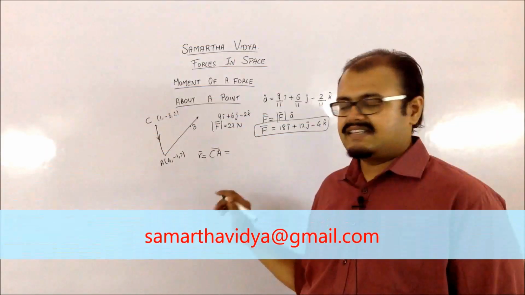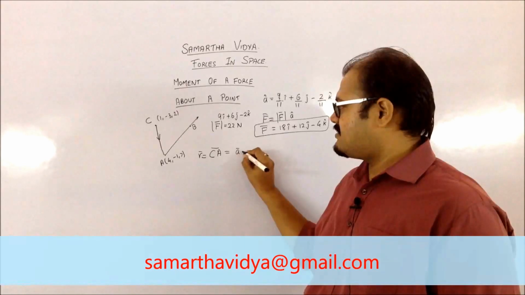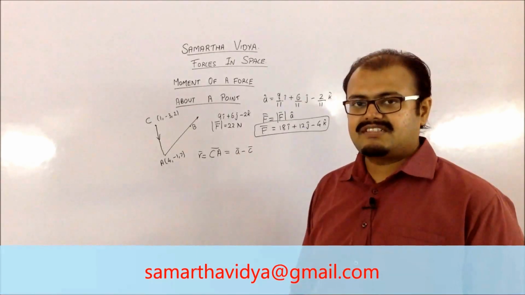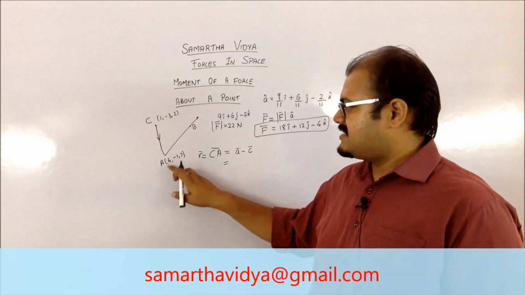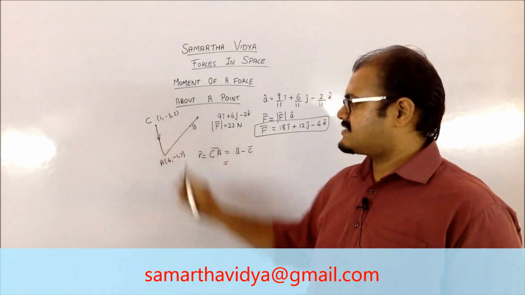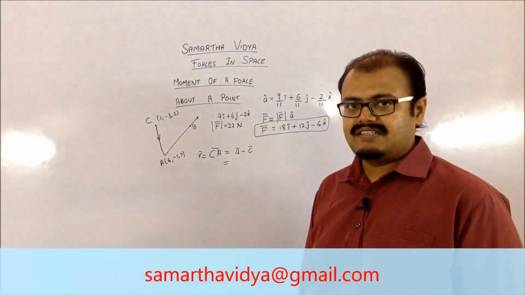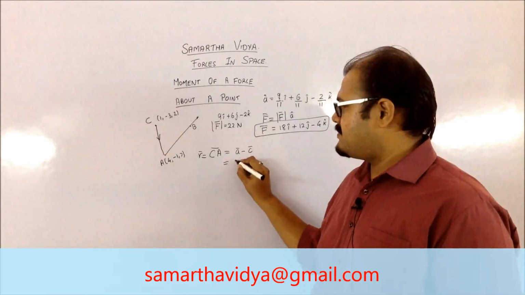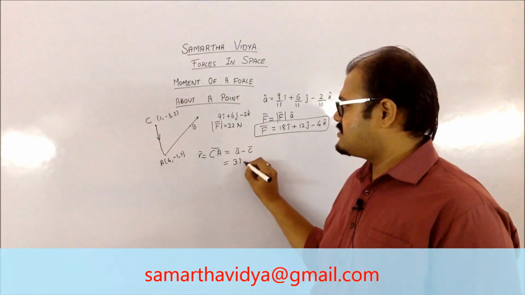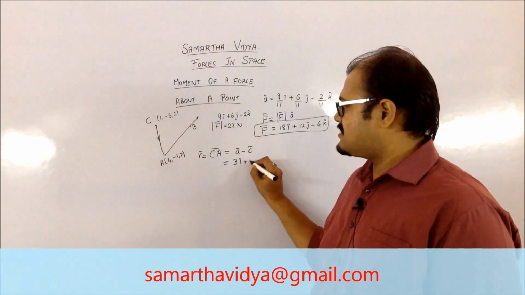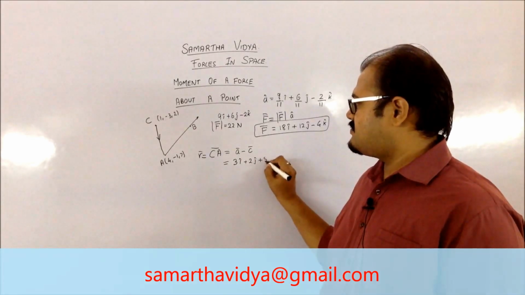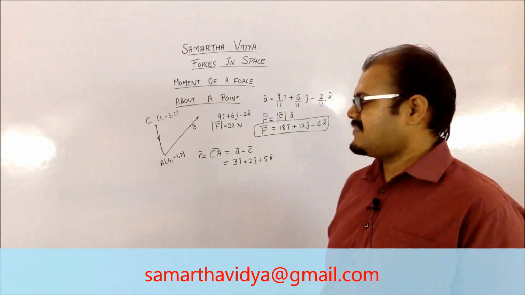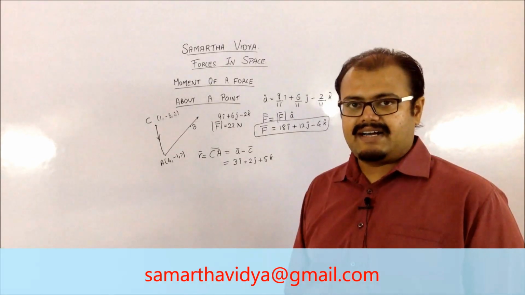CA bar is A bar minus C bar, which are the position vectors of A and C. That is just subtraction of the x, y and z correspondingly. So that is going to be 3 i cap plus 2 j cap plus 5 k cap. So this is my R bar.